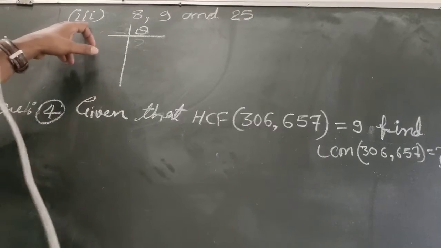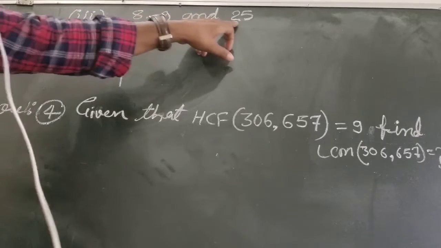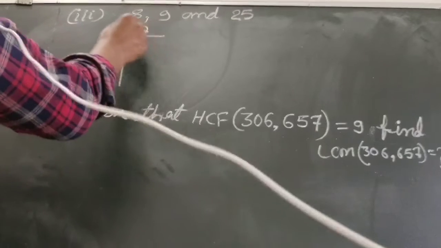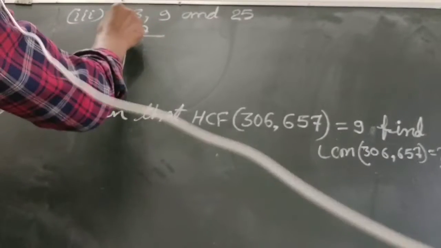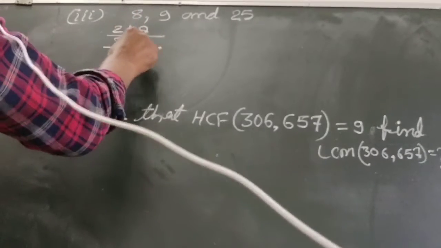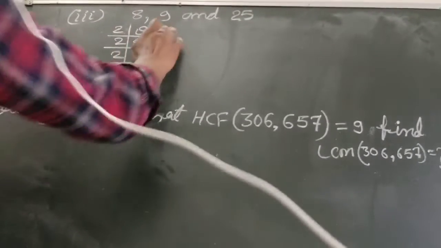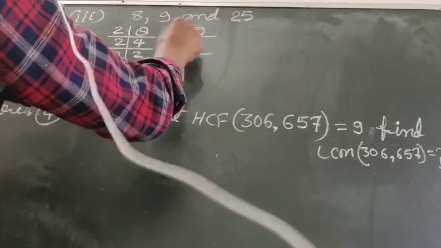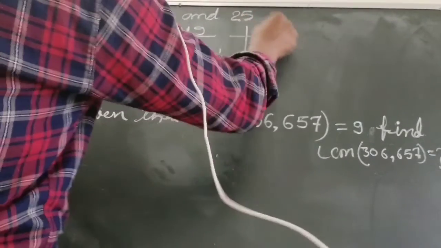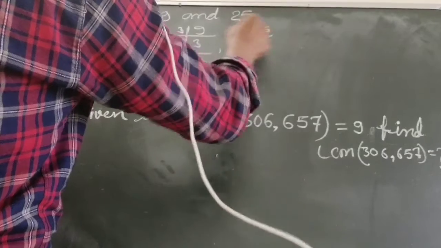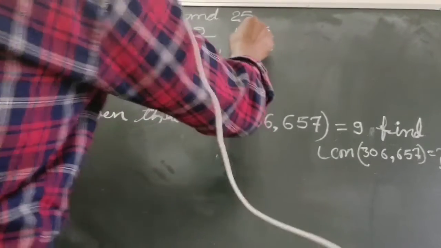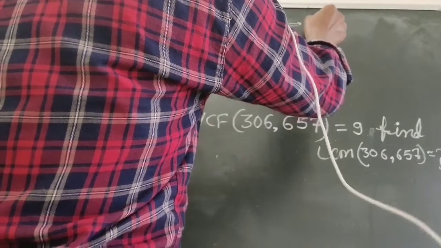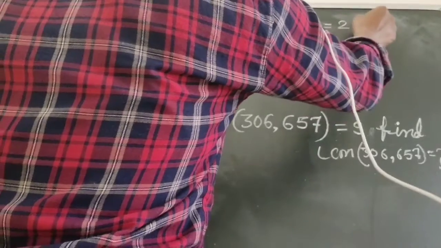Now comes the next question. 8, 9 and 25 का LCM and HCF find करना है. 8 divided by 2 is 4, 4 divided by 2 is 2, and 2 divided by 2 is 1. 9 divided by 3 is 3, and 3 divided by 3 is 1, and 25 divided by 5 is 5, and 5 divided by 5 is 1. Prime factor of 8 equals 2 into 2 into 2.